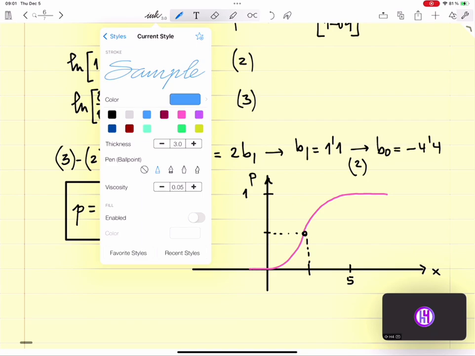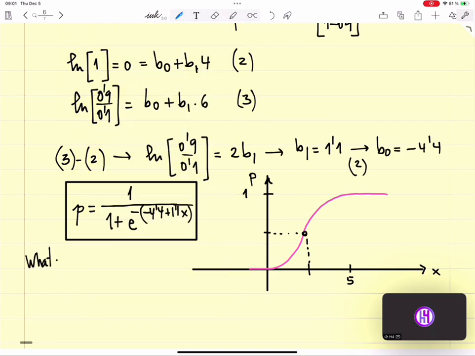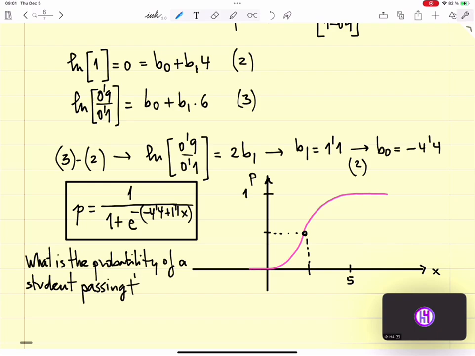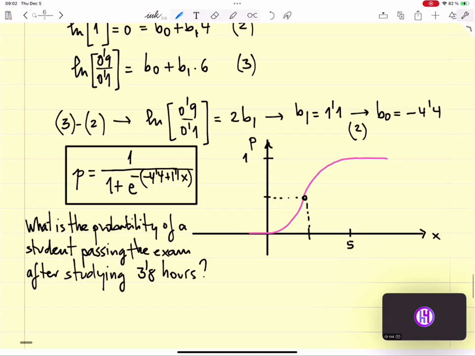And so if I ask you what is the probability of a student passing the exam after studying 3.8 hours, then you put in the formula 1 plus exponential of minus 4.4 times 3 plus 1.11 times 3.8. Okay, can somebody do that number?